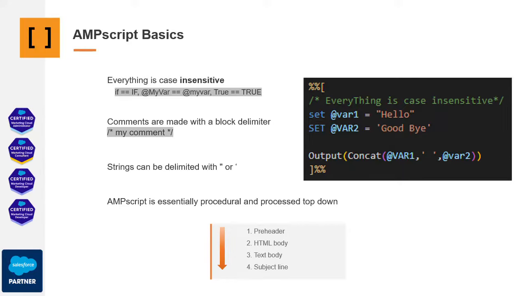For instance, if you write a variable in lowercase and later reference it in uppercase, it will still recognize it. AMPscript doesn't differentiate between them, it treats them as equal. Some other languages differ with just a single letter variation. If V is uppercase and then lowercase, they are considered distinct, even if the letters are the same. But in this case, they are not.